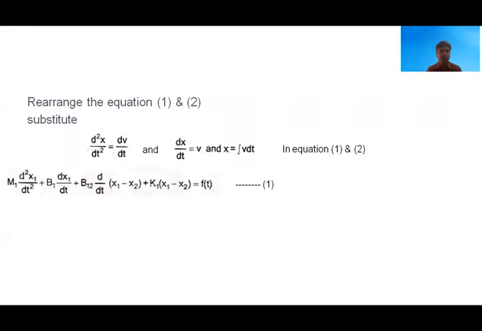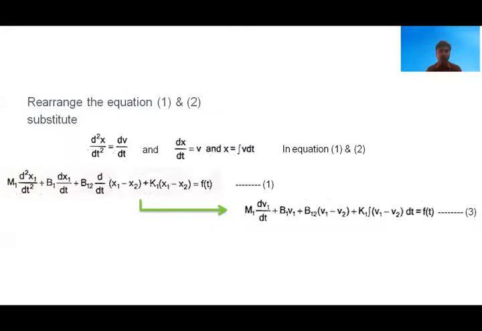In equation 1, we will get like this: m1 dv1 by dt plus b1 v1 plus b12 into (v1 minus v2) plus k1 integral (v1 minus v2) dt is equal to f of t.